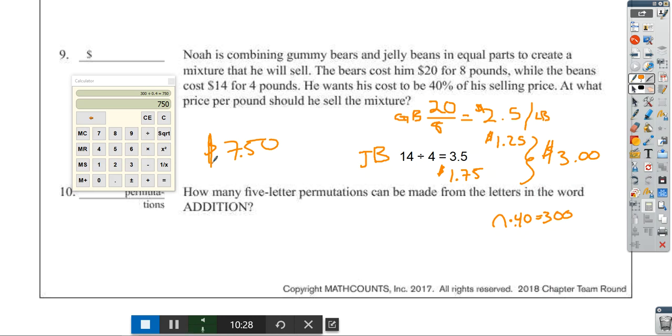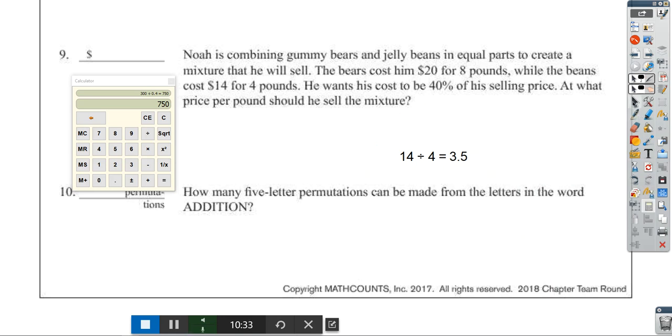Finally, the permutations problem. All right, so here we go. A permutation is a way of ordering things or figuring out how many different ways we can put things together where the order matters. So for example, this has a meaning to it.